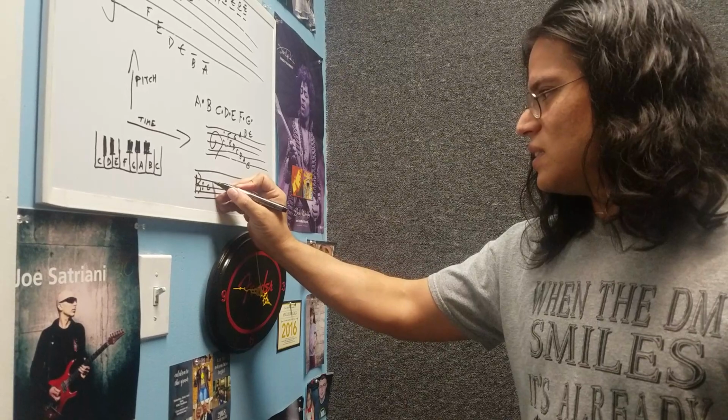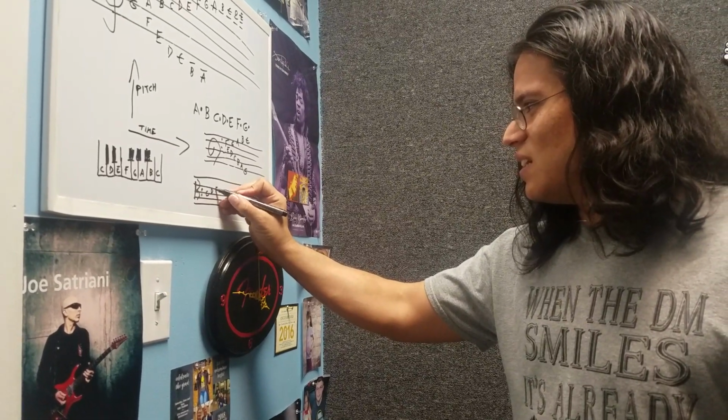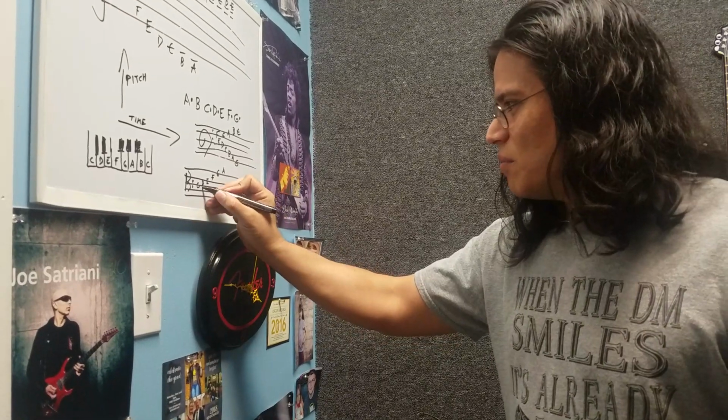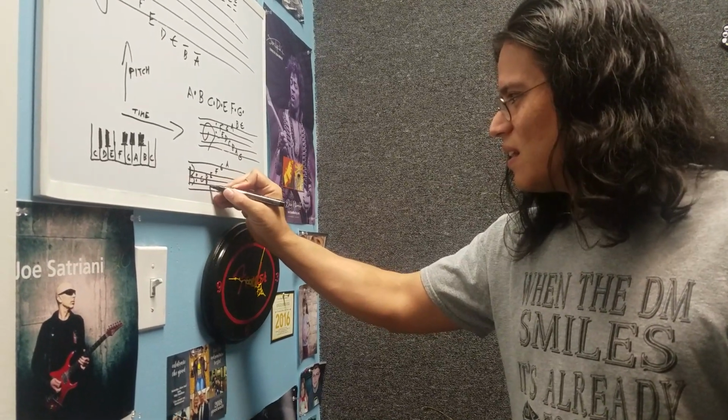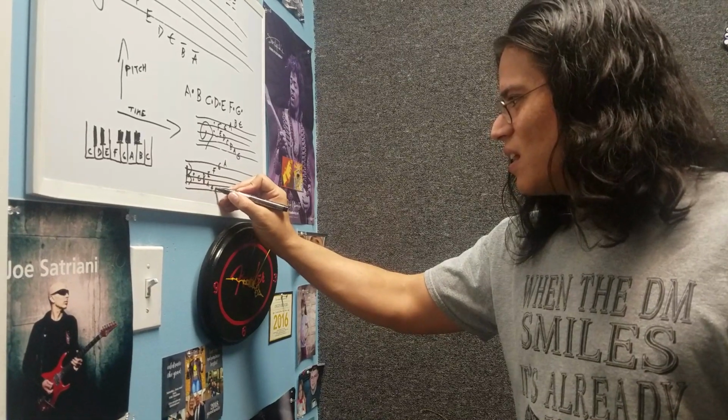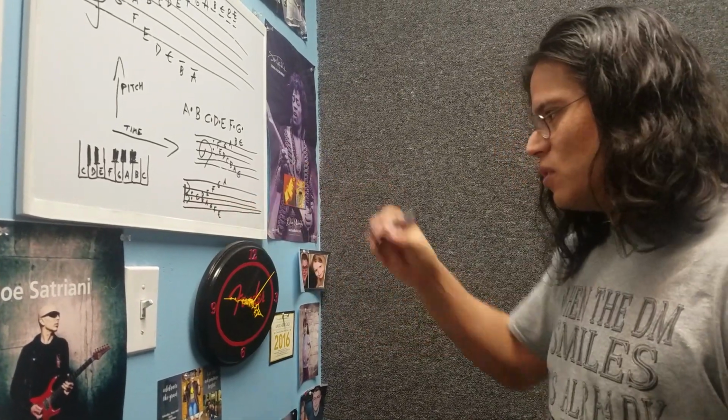So then this is D, this is E, F, G, A. Below that, B, A, G, F, E, and so on. So that's how you denote or interpret what the staff says.